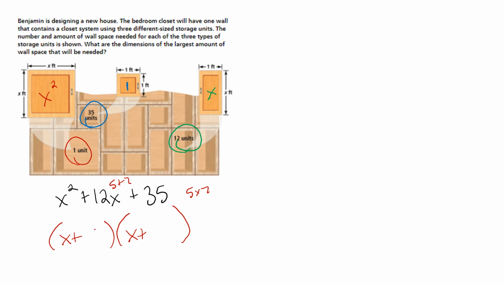So we have x plus 5 and x plus 7. So if we were multiplying it out, we'd either have x plus 7 by x plus 5 high, or the other way around. But that's going to give us a rectangle that is as big as possible.